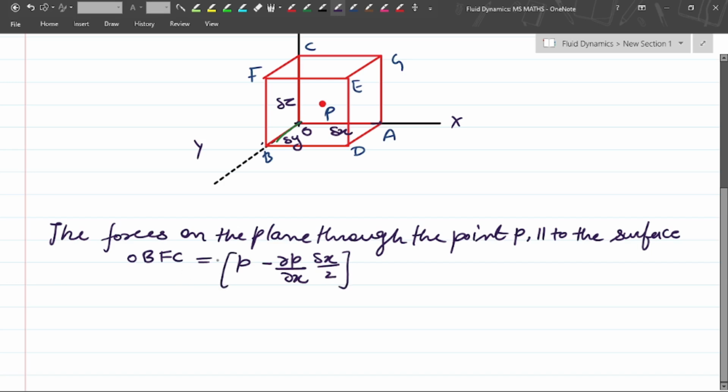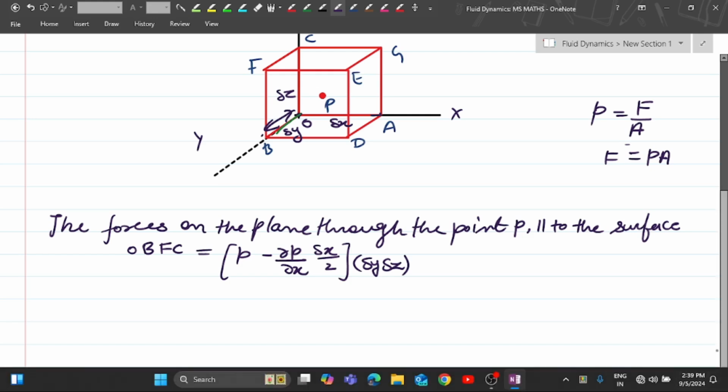We are talking about force. Pressure is force per unit area, so force is pressure into area. This is the net pressure, minus, into area. The area of this rectangular surface is del y into del z.